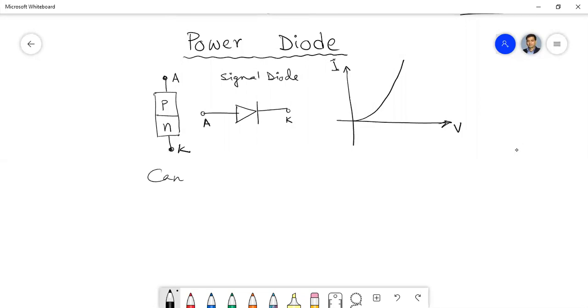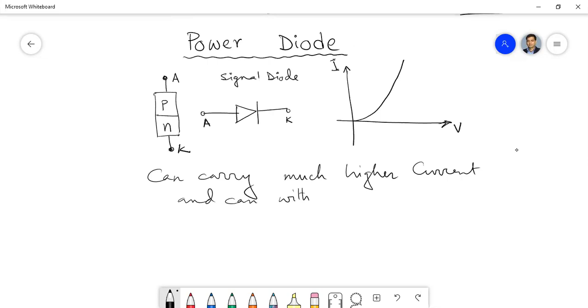So let me write that: can carry much higher current and can withstand much higher voltage. So what changes should be incorporated in the signal diode to get these features? That we should discuss.